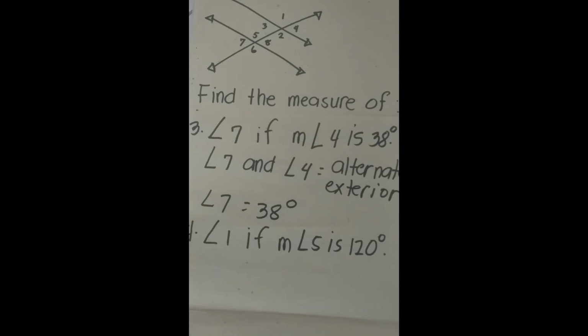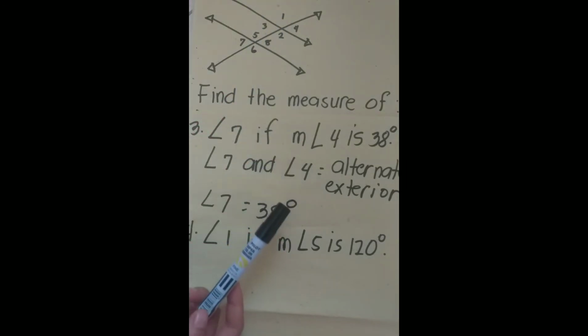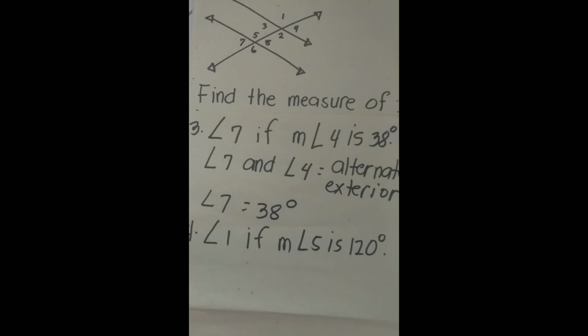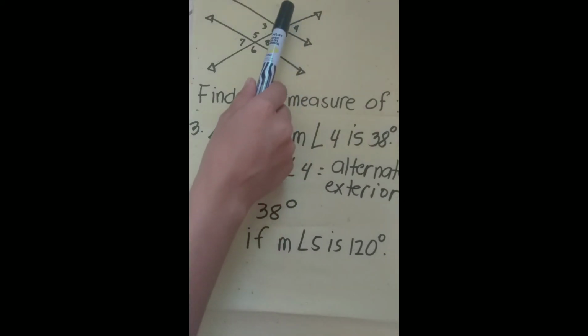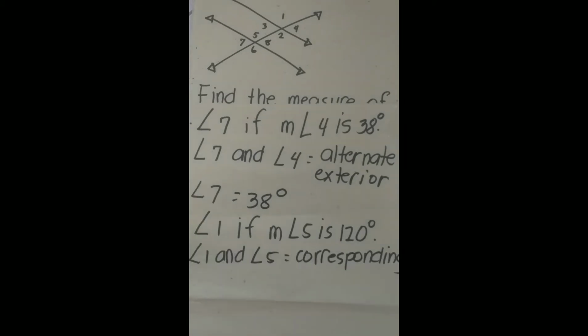Number 4, find the measure of angle 1 if the measure of angle 5 is 120 degrees. So, this is angle 1 and this is angle 5. Let us recall the angle pairs, the classification of the angle pairs. Angle 1 and angle 5 are corresponding angles.